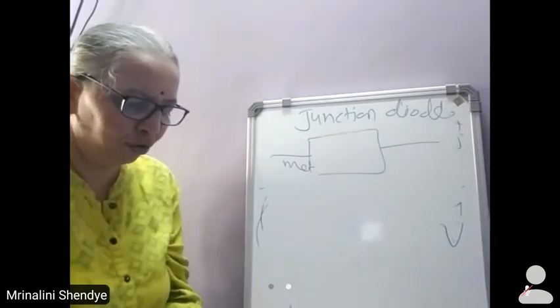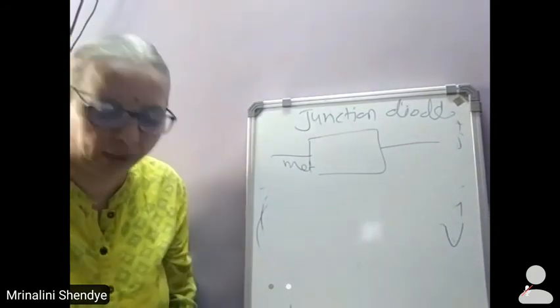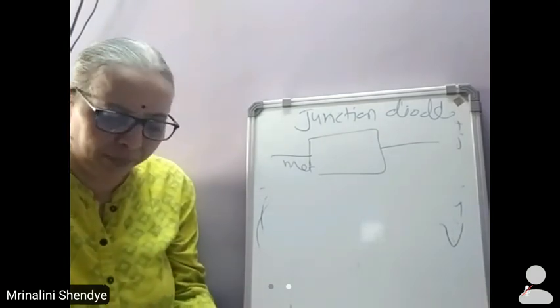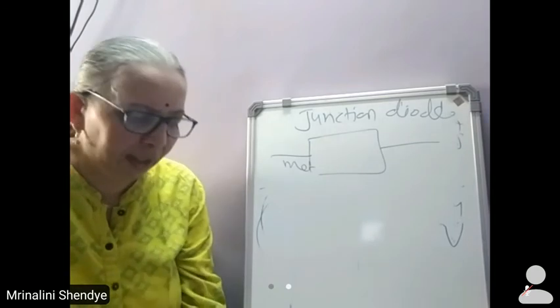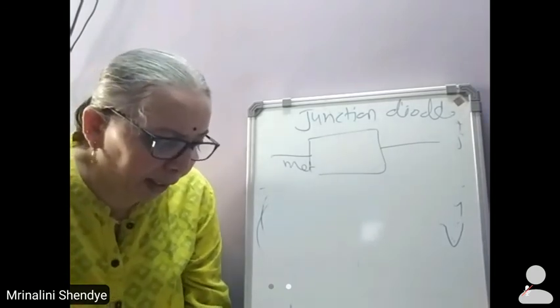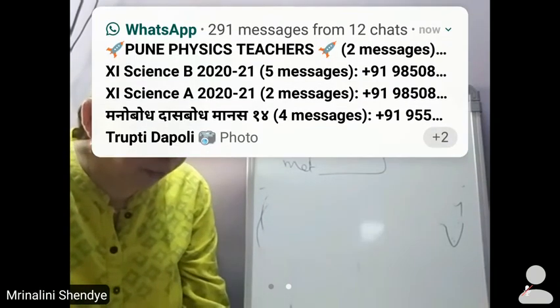So I have switched over to point number 14.7 on page 251. आप लोग 251 पेज नंबर ओपन करो. उसमें डायग्राम 14.19 है जो मैंने बोली थी पहले ही. फॉरवर्ड बायसिंग and the other is reverse biasing.